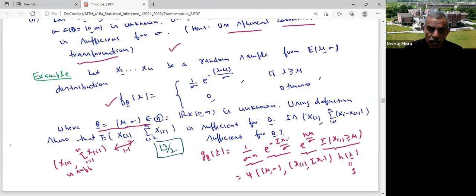And what about this? If I look at this quantity, this is same as x1, summation xi, minus n x1.